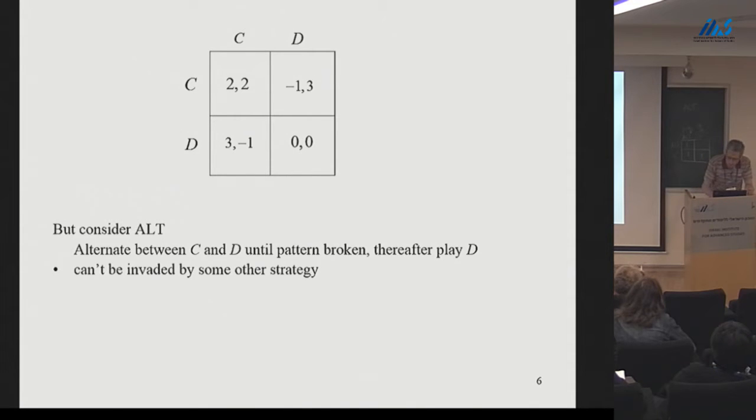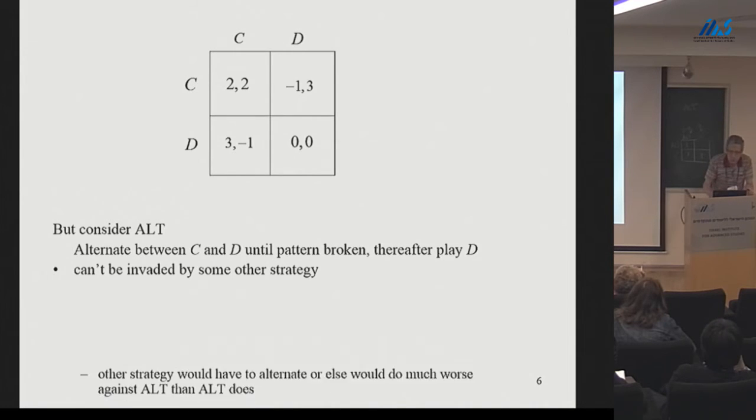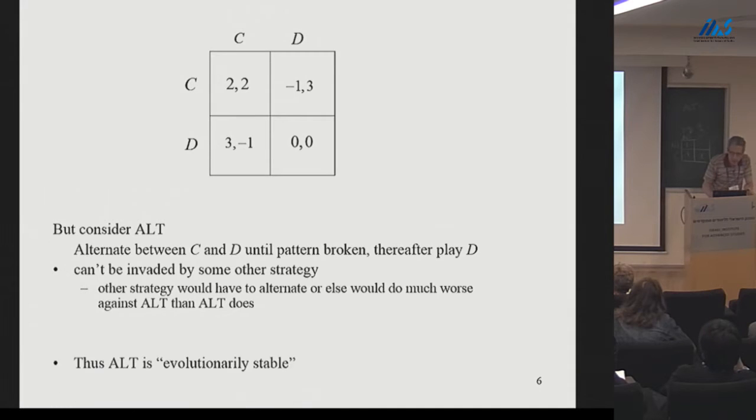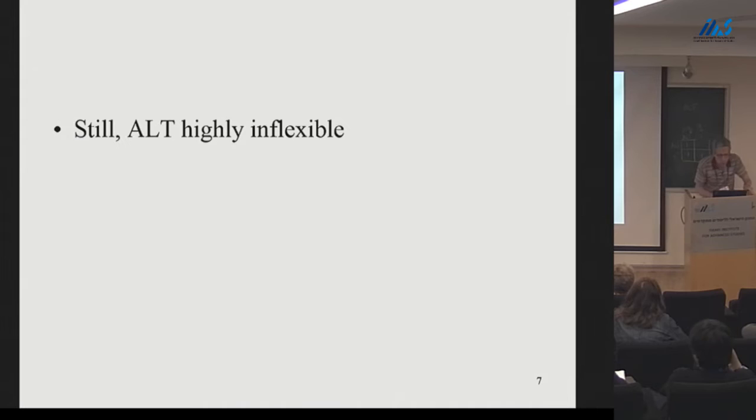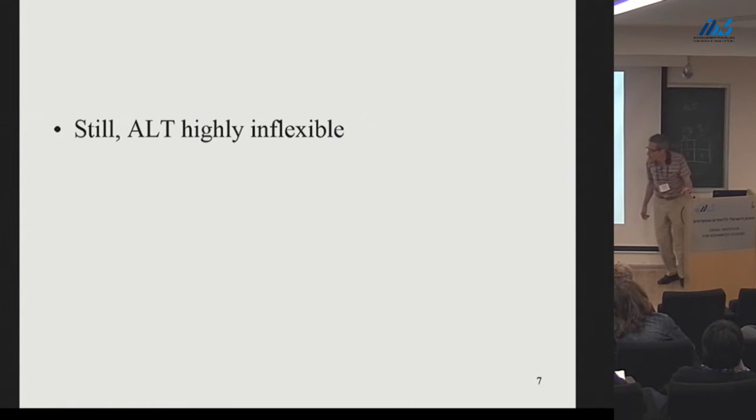I'm going to make a similar point, but in a slightly different way. One way of re-emphasizing the point you've just made is to point out that alt is a very inflexible strategy.